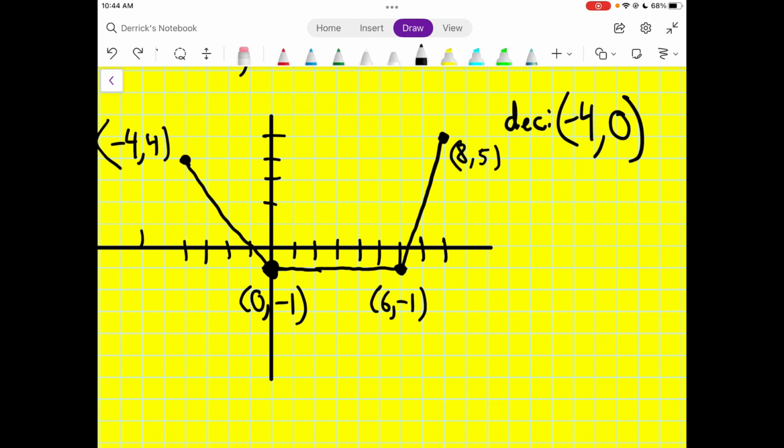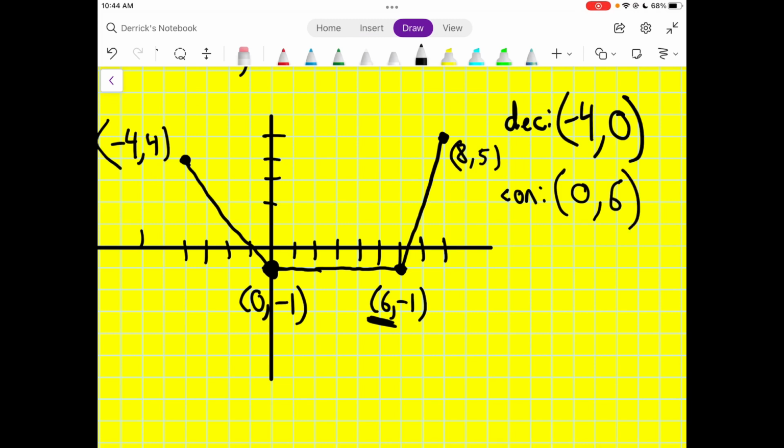And then looking at what the graph does after that. Well, after 0, it looks like the graph starts to flatline, right? We can see it flatline along here. And so if it's just a flat line, then that would make this a constant interval. We refer to it as a constant interval when there is no movement up or down. So it keeps going flat, keeps being constant until it looks like the x value of 6. So we'll end our constant interval at 6.